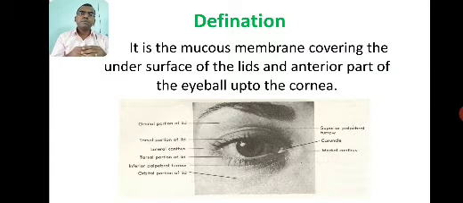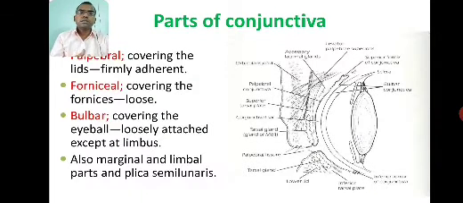In the diagram you are able to see the various structures of the eye. As we discussed, the conjunctiva is generally of three types: the bulbar conjunctiva, which covers the eyeball anteriorly; the conjunctival fornices, where the palpebral conjunctiva and bulbar conjunctiva meet; and the palpebral conjunctiva.